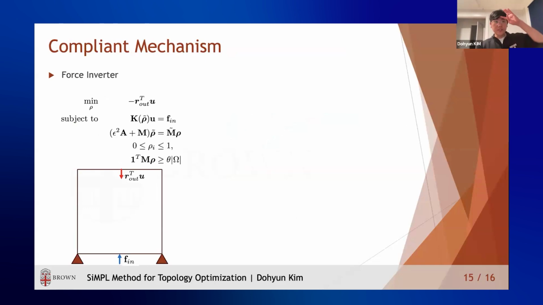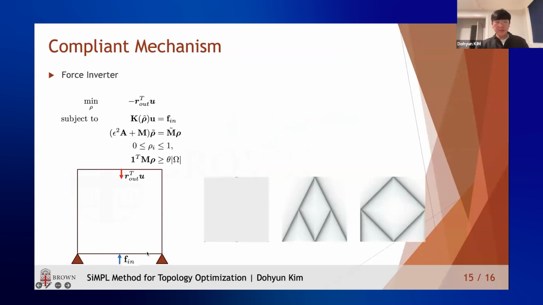And the last example is the compliant mechanism. So here we fix both ends and we push from the bottom, and we want a design that maximizes the output displacement on the top, like here. To solve this problem, we have three different initial guesses.